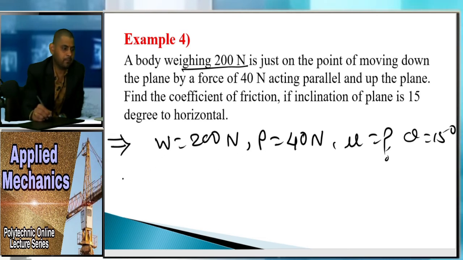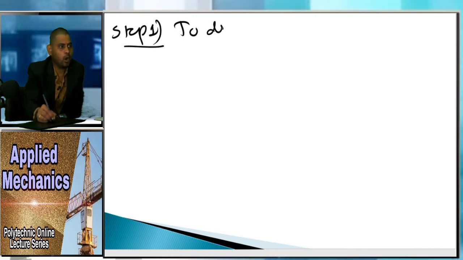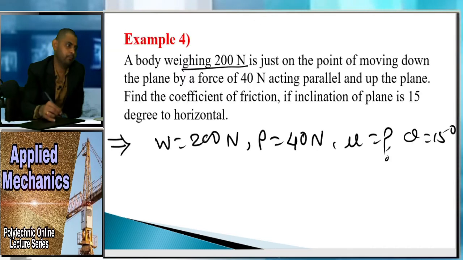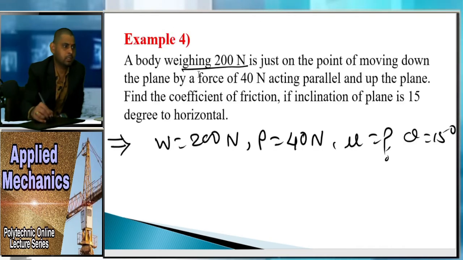Now the first step, step 1, is to draw the free body diagram. How can we draw it? The body weighing 200 Newton is just on the point of moving down the plane by a force acting parallel and up the plane.